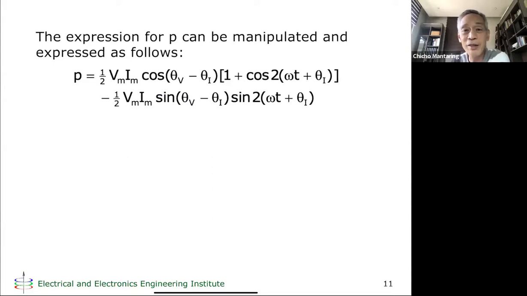So just maniwala ka na lang na pag minanipulate ko yung equation kanina, ito yung lalabas. And you can find that derivation in textbooks. If you're interested, I can also supply you some notes on that derivation. So this is my expression for P.